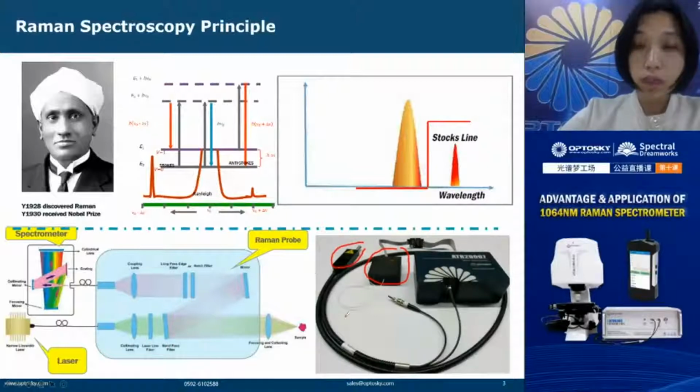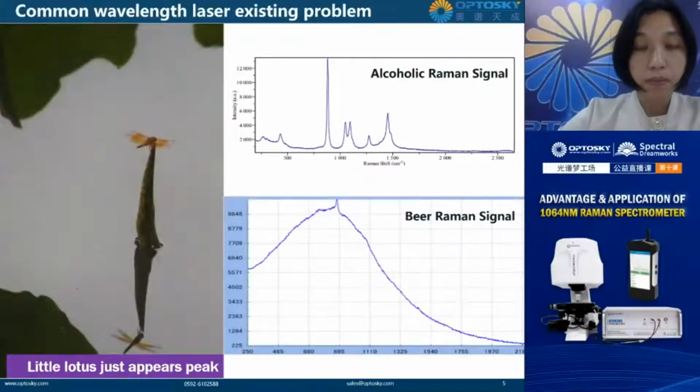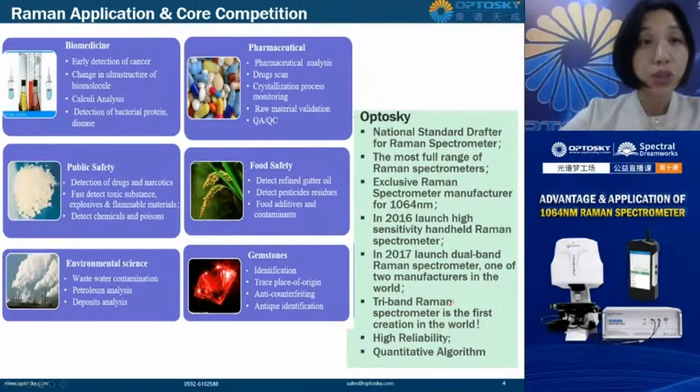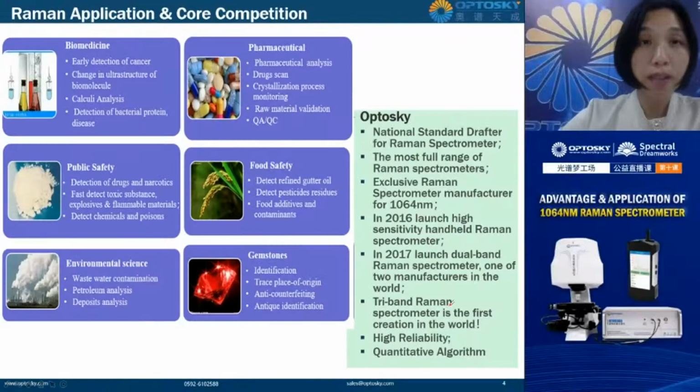So in our Raman spectrometers, the main components are composed of these three main parts. Then we would like to introduce Raman applications, Raman application and core competition, and Optosky's core competition.